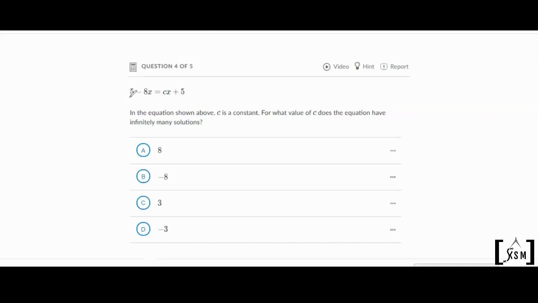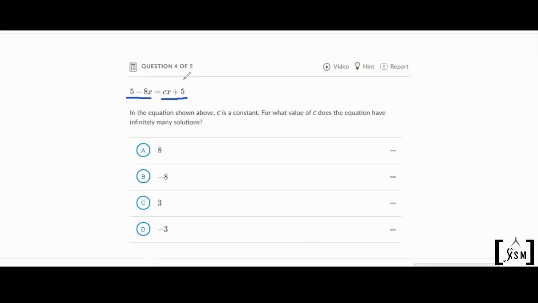So this is 5 minus 8x and this is plus 5 and plus cx. You remember, to have infinitely many solutions, both sides of the equation, the right side and the left side, should be equal.